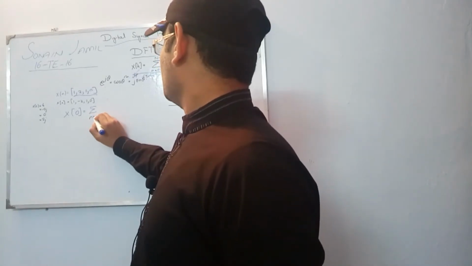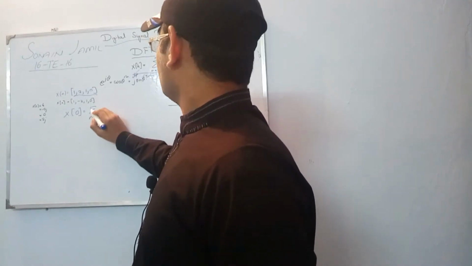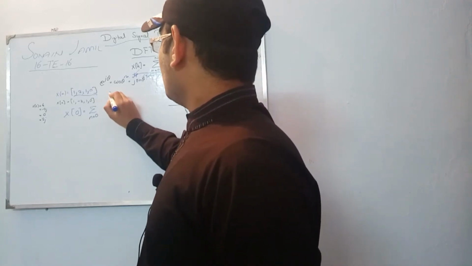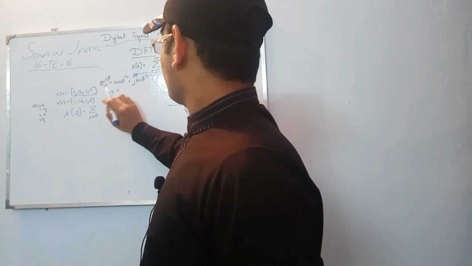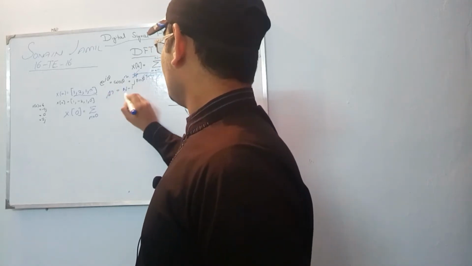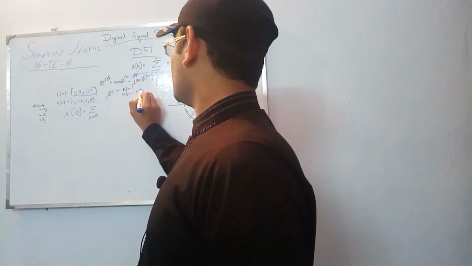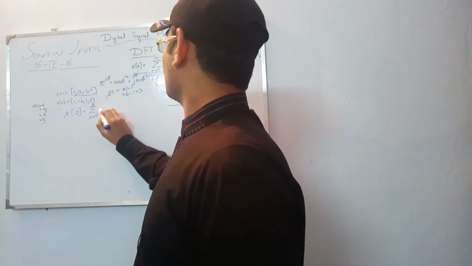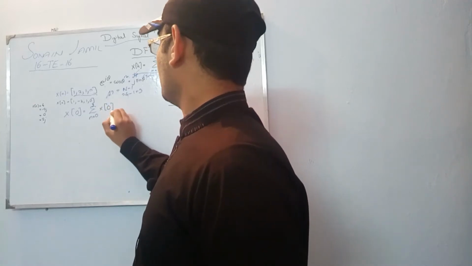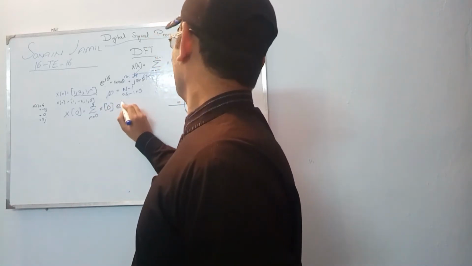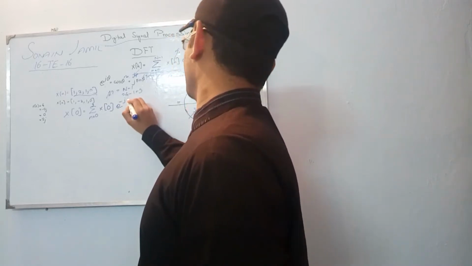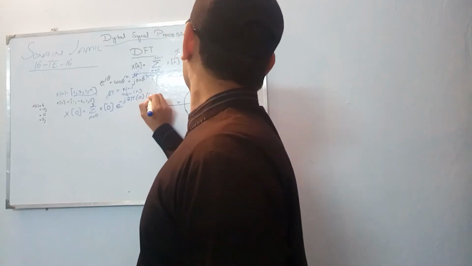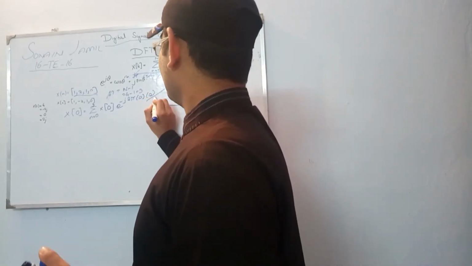Small n goes from 0 to N minus 1. So what is N here? 4. 4 minus 1 is equal to 3. So put this: x of 0 e to power minus j 2 pi 0 into 0 divided by N, which is 4.